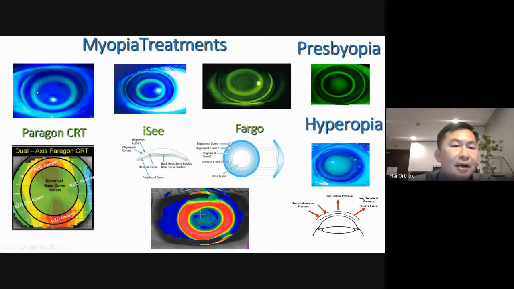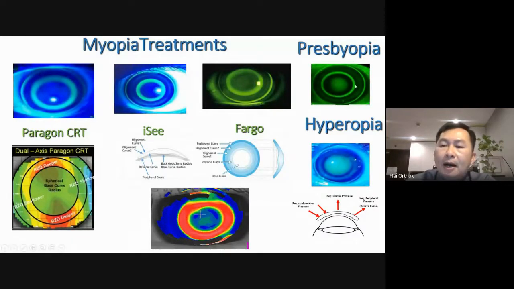You can see Paragon CRT here with a very good and nice reverse zone depth and a very nice base curve, a very thin alignment curve, and a good landing zone angle. So because of the different designs, Paragon CRT is a great design for low myopia. IC is a great design for high myopia treatment, and Fargo is the design that you can use between them.